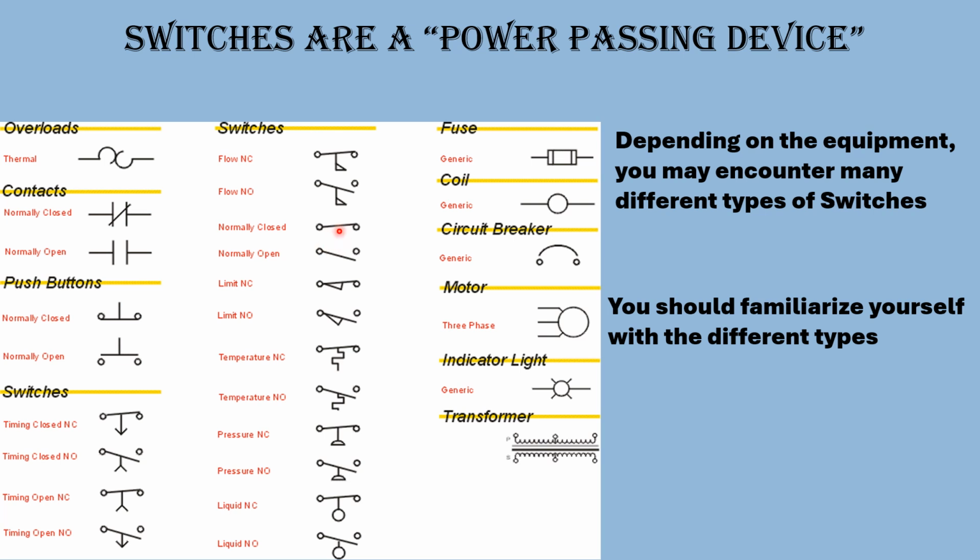Normally, these are just a generic set, normally closed, normally open. Limits, temperature, you'll see this symbol frequently, normally closed, normally open. And pressure, liquid, these are little floats. A fuse, a generic coil, circuit breaker, a motor, indicator light, and a transformer.